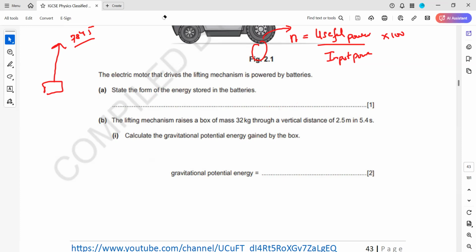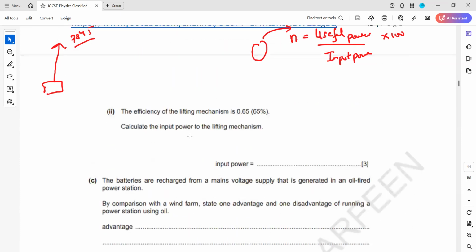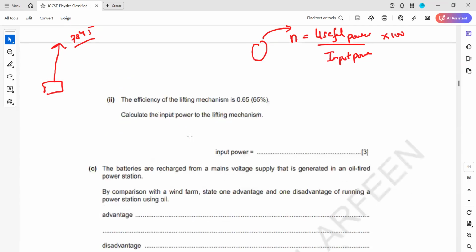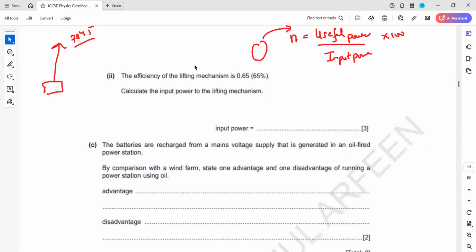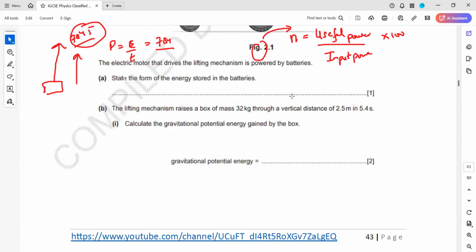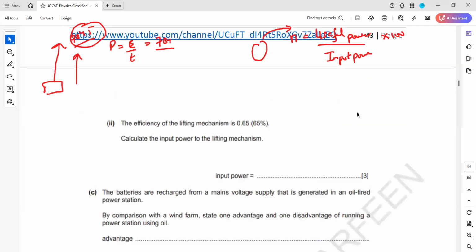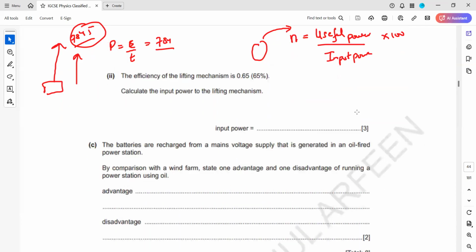So first we need the useful power output. The 784 joules is the energy. How to get the power? The power is energy divided by time. This is useful because it's lifting, so it's the useful output. The output energy is 784, and the time taken was 5.4 seconds.